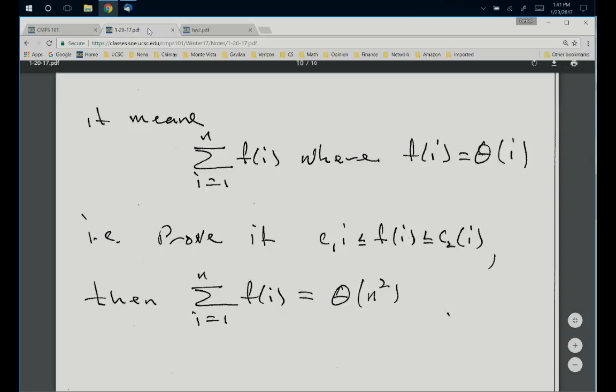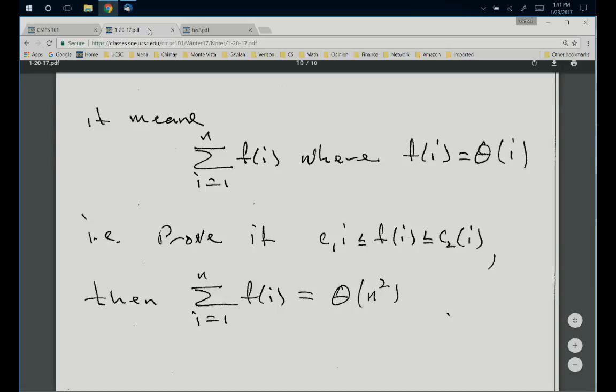Show any log base b of n to the power p equals little o of n to the k for any p greater than 0, k greater than 0, and any base, let's say, greater than 1. I'm not really interested in bases between 0 and 1. So what this says is that any polynomial, no matter how small the degree, defeats any log function of any base, and no matter how high the degree.